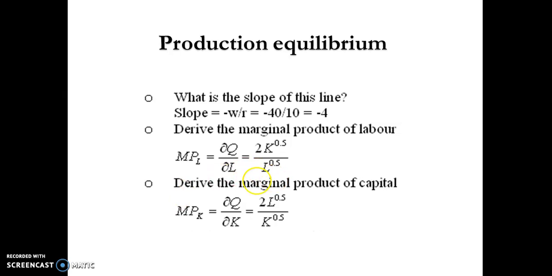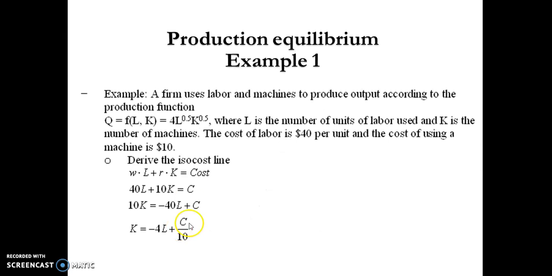And then similarly, you can get your marginal product of capital. There's your production function. If we get our partial derivative of this with respect to capital, we bring the 0.5 down. It's going to be multiplied by the coefficient there, which is just 1, and K is raised to the power of 0.5 minus 1.